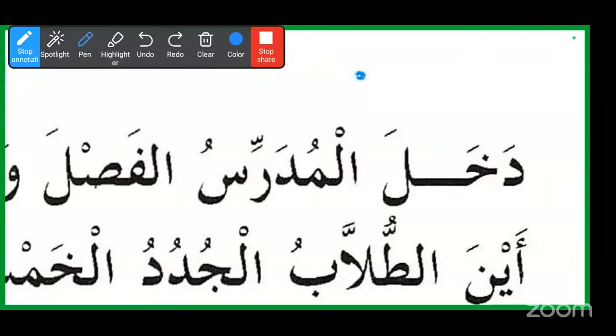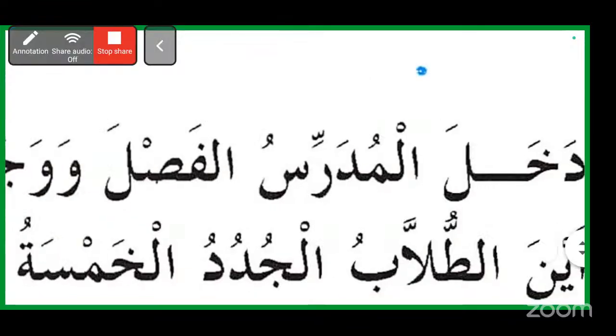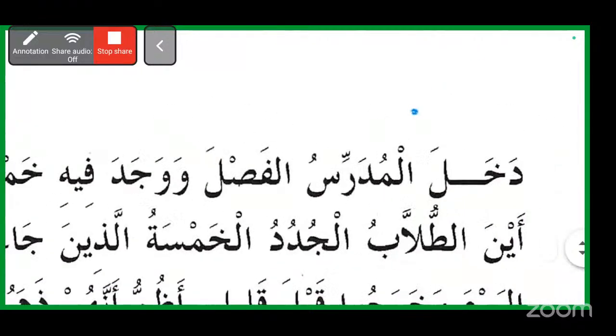I'm emphasizing this one simple sentence to make things easy for you in the lines that are coming up in the lesson. This is the most important point. If you don't understand what I have said, please rewind and revise it again, inshallah. دخل المدرس الفصل.